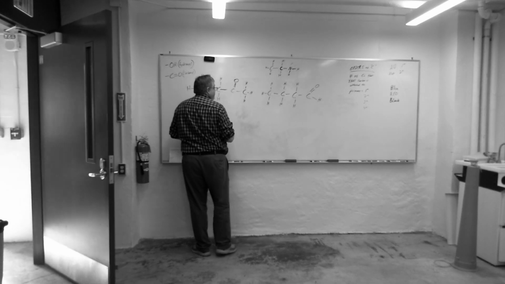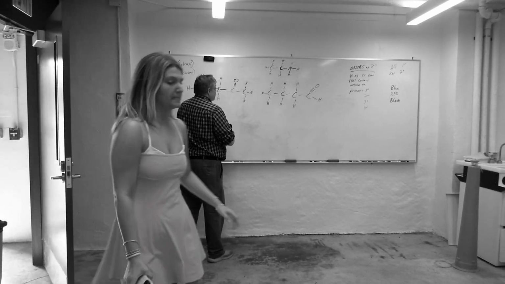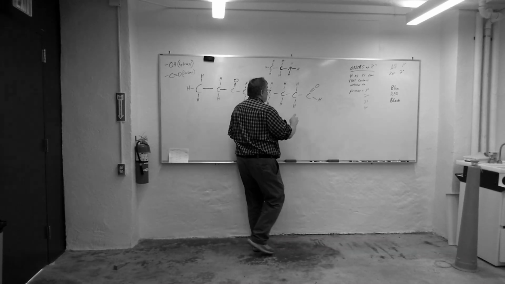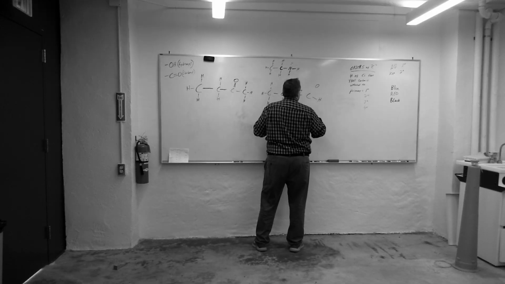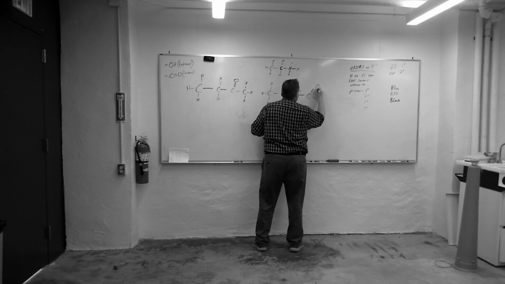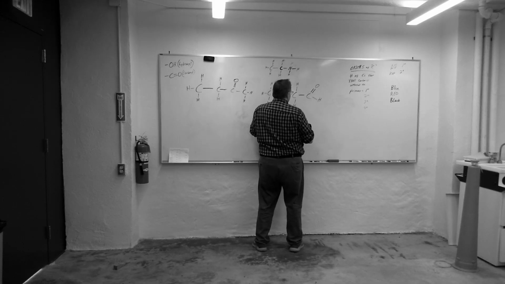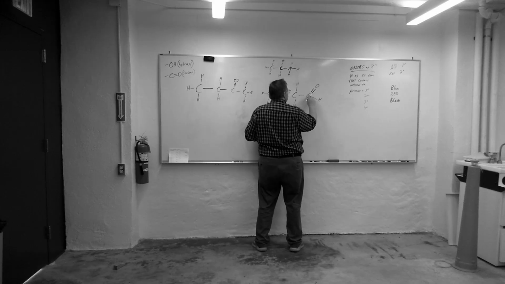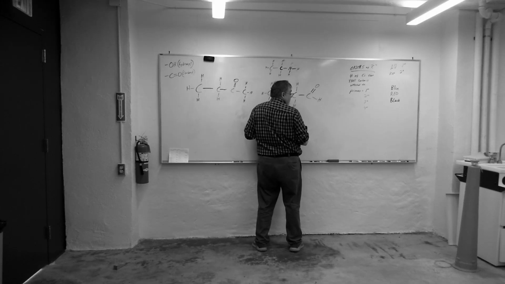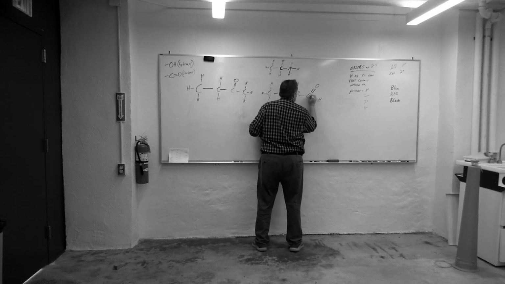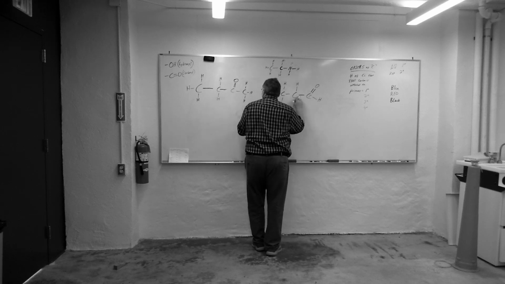Oxygen. So the C double bond to O is called a carbonyl. Here's a carbonyl. You could say that this carbonyl, what would you say the order is of this carbon? Yes, it's 1. It's primary because it's only connected to 1 carbon.